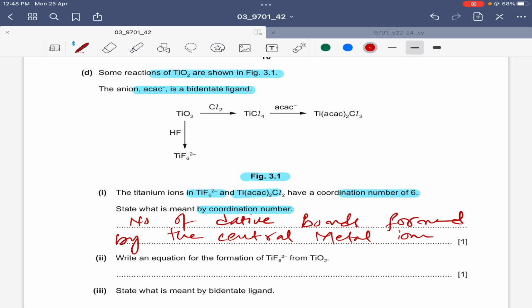Write an equation for the formation of TiF6 2 minus from TiO2. They are talking about this reaction. So TiO2 reacts with HF to give TiF6 2 minus.